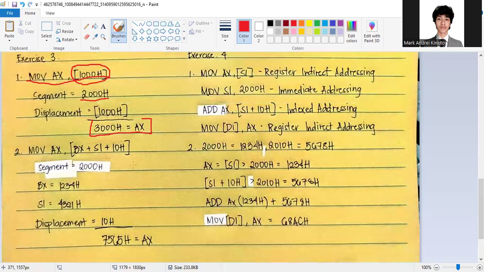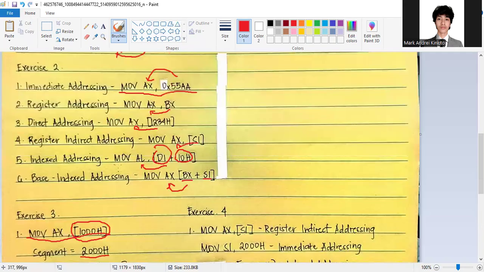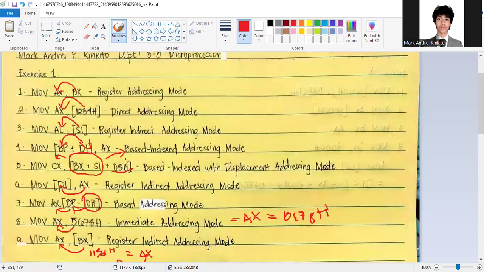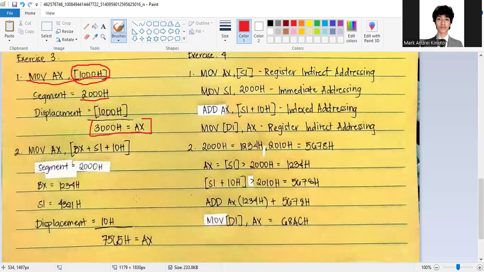Then for number 2, the same as number 1, but this time we're using a base index with displacement addressing mode. We have the segment 2000 given. BX is already given a value of 1234H, and SI has 4321H, and our displacement value is 10H.